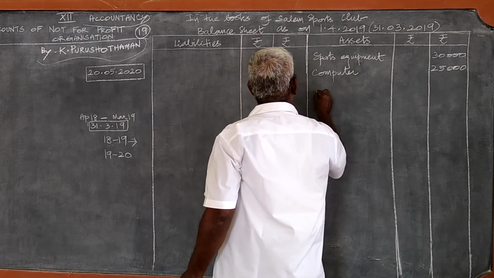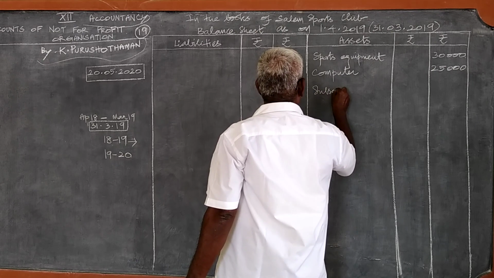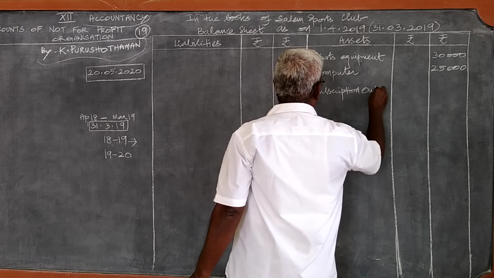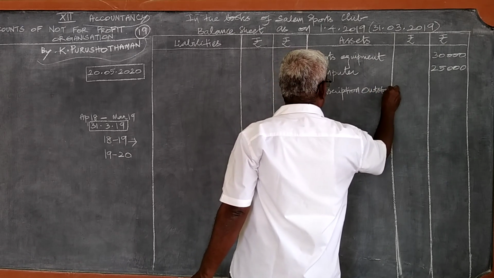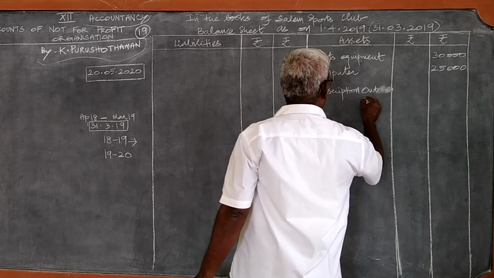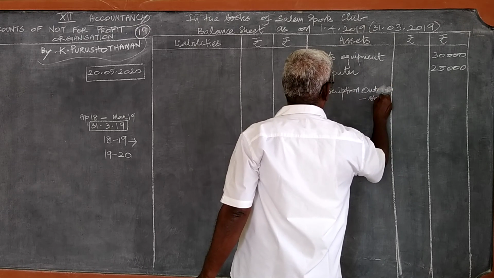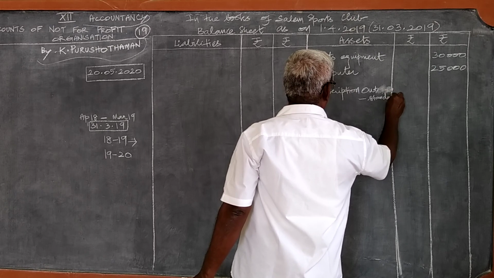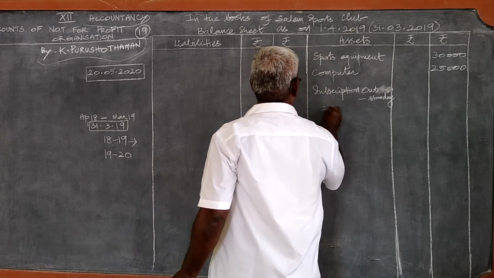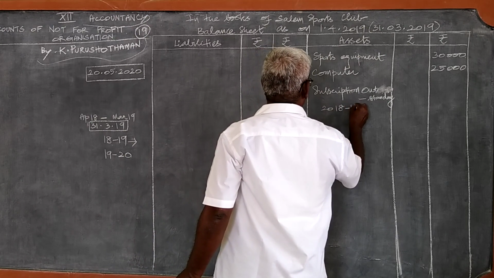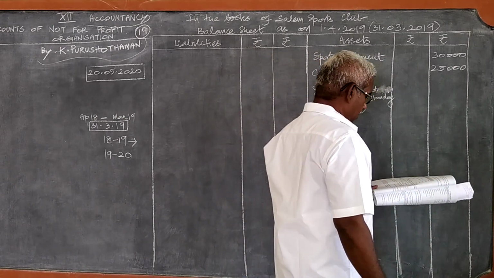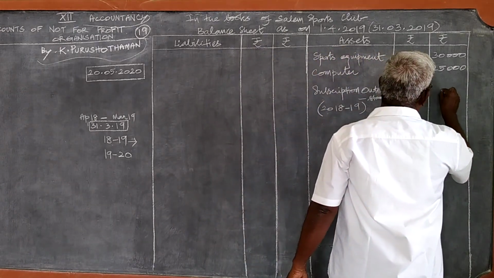Therefore, subscription outstanding for the year 2018-19, it is the outstanding for the current year. The amount is 5,000.